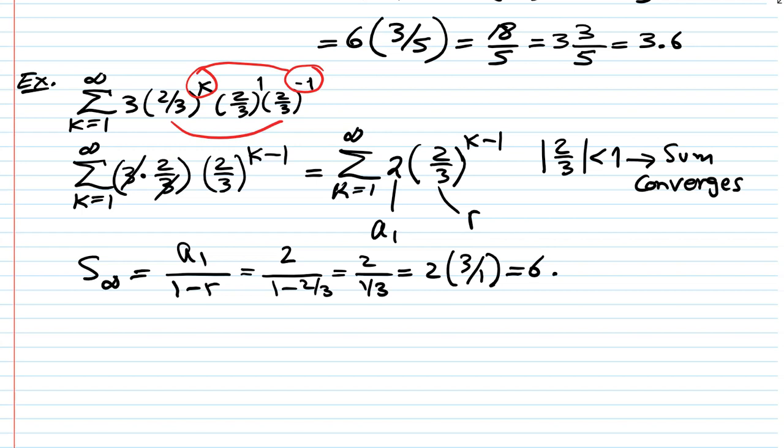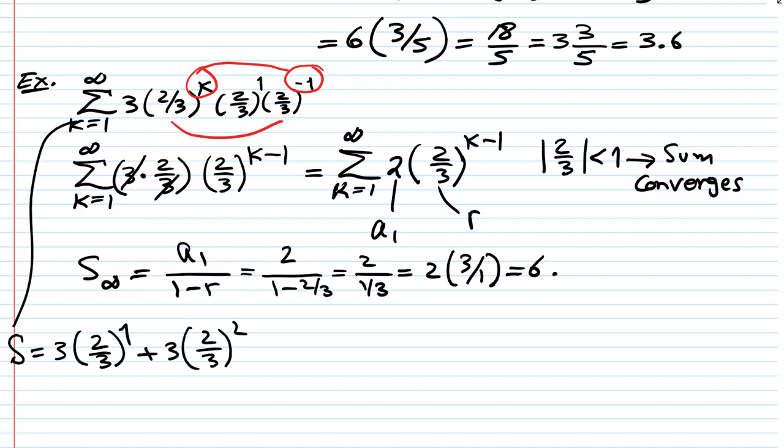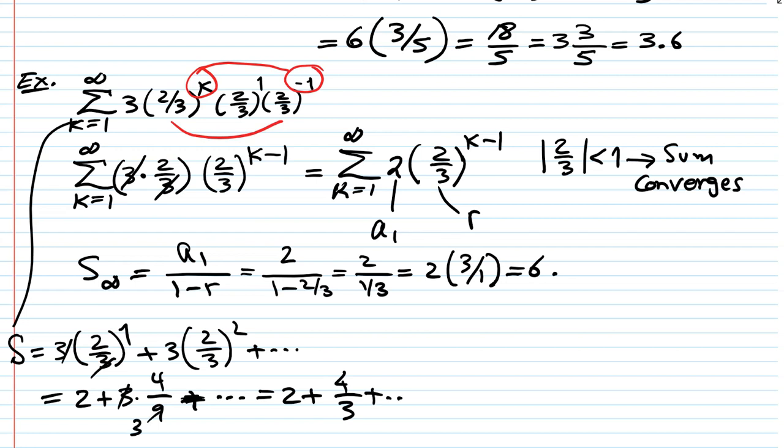All right. So we're done with this one. If you want to write the series out, when k is 1, 3 times 2/3 to the first power. When k is 2, 2/3 squared. And so on and so forth. So you get 2 plus 3 times 4/9, plus dot dot dot. That's 2 plus 4/3 plus dot dot dot.